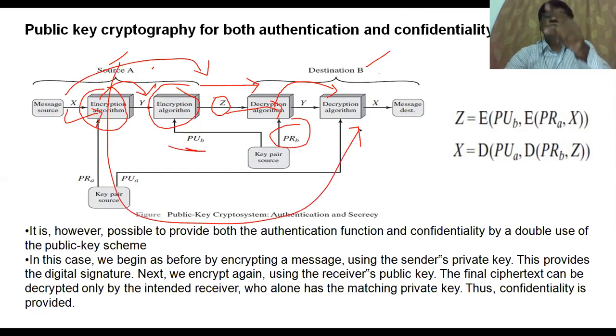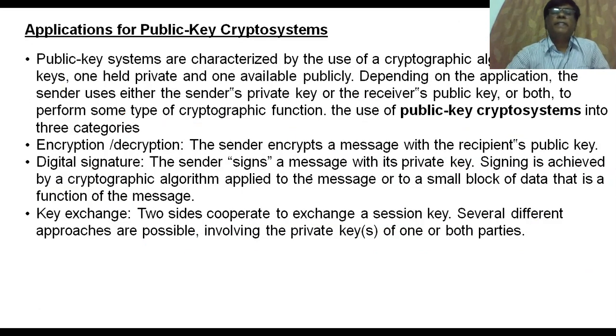That means authentication is there. Whenever that box is opened using A's public key, we know that the box was sent by A. So here both secrecy and authentication are there.